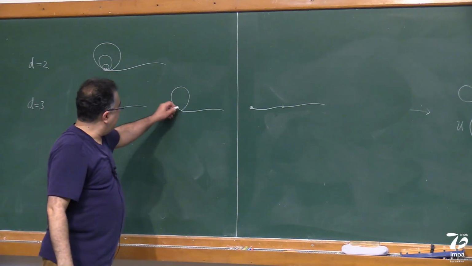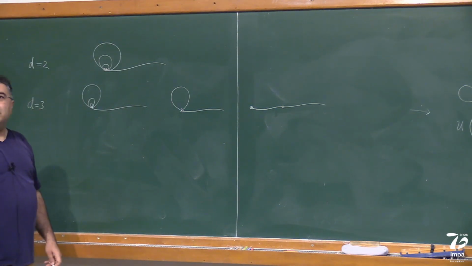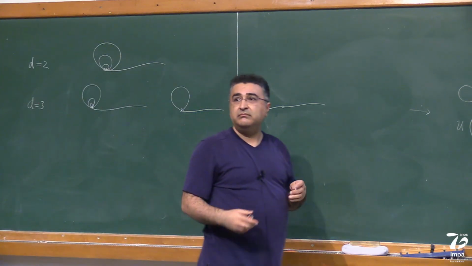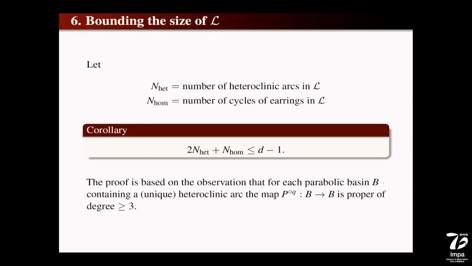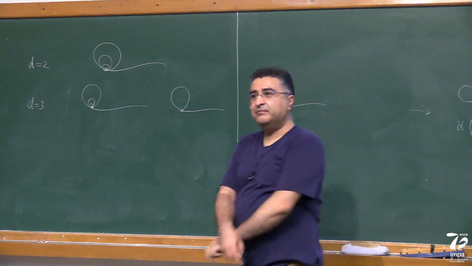That already, when you perturb this, creates 3 nearby fixed points. But when d equals 3, d minus 1 is 2. Yes. So can you have a 2, 1 heteroclinic plus 1 homoclinic? One heteroclinic already eats up everything.